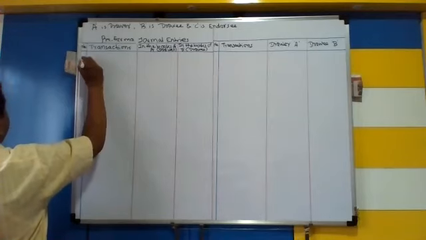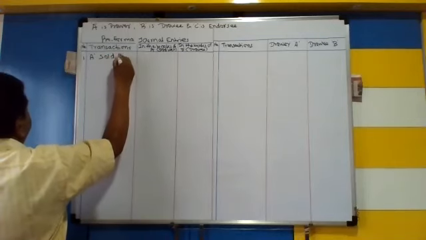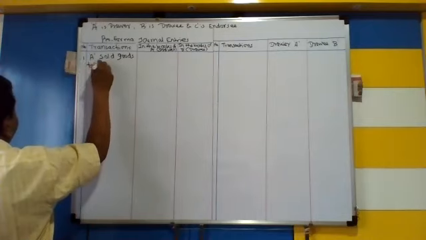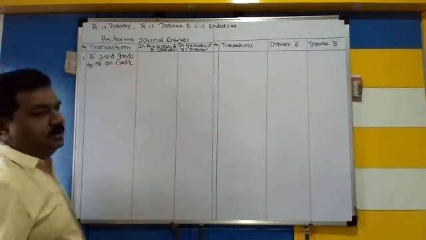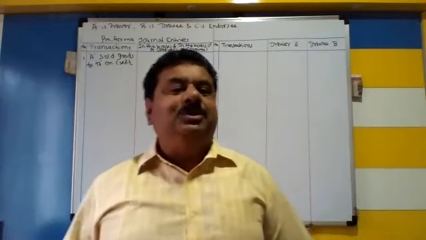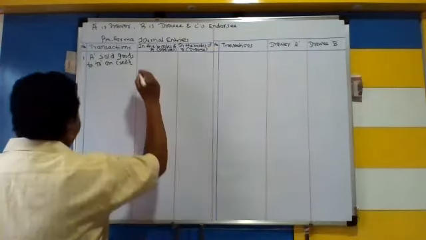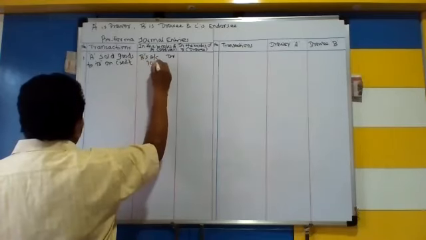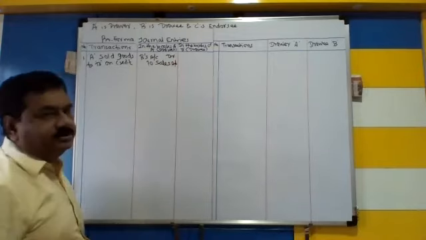So entry number 1, A sold goods to B on credit. So actually this is the beginning of the story. A sold goods to B on credit. Now A will pass the entry as B's account debit to sales account.